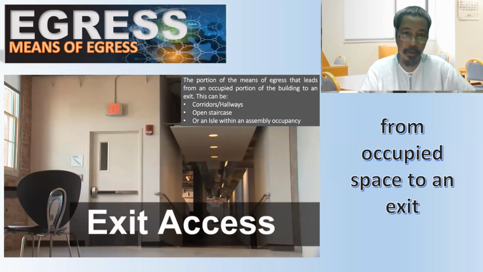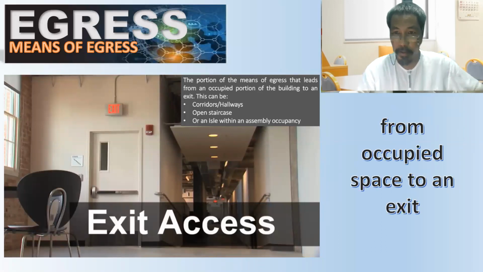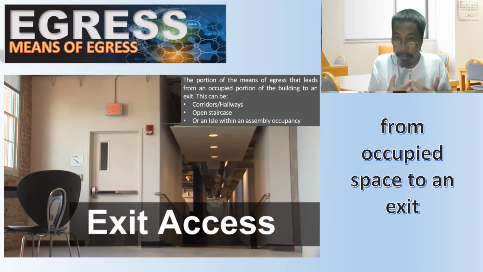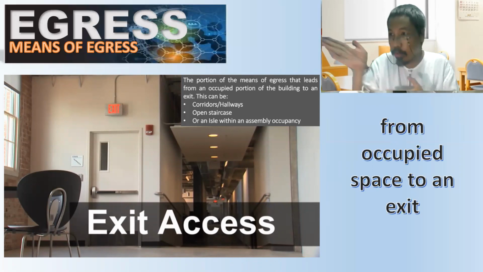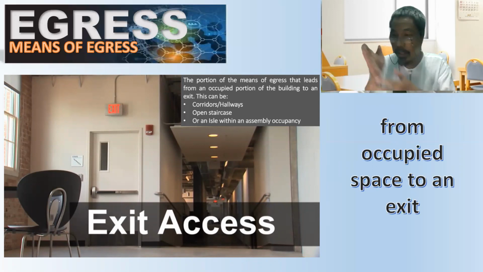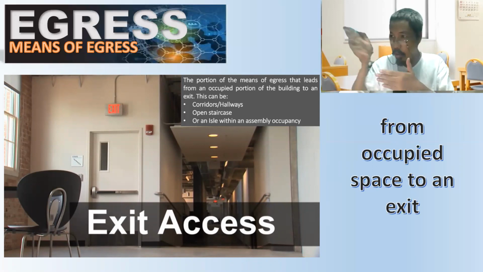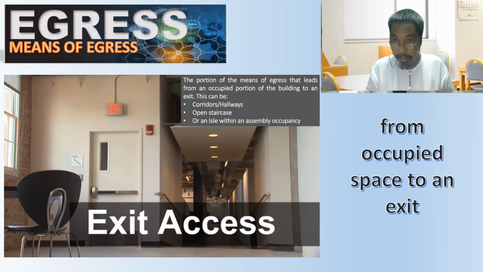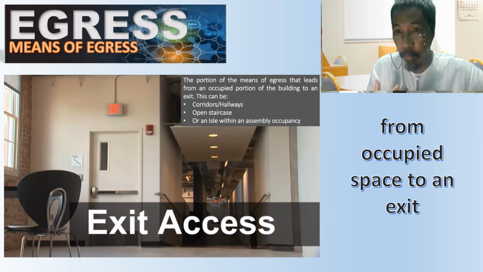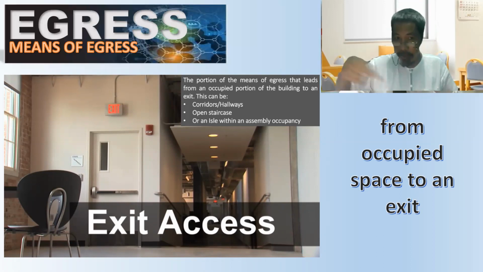It is the portion of means of egress that leads from an occupied portion of the building, so the space that you are occupying, to an exit, going to the exit. Usually the exit is a door. So going to that from where you are staying up to the point of the exit, that is the exit access.